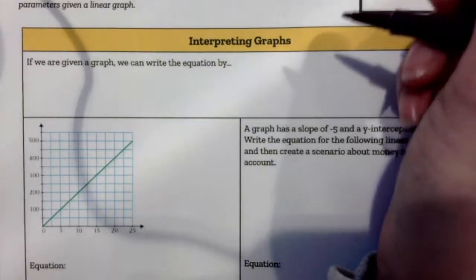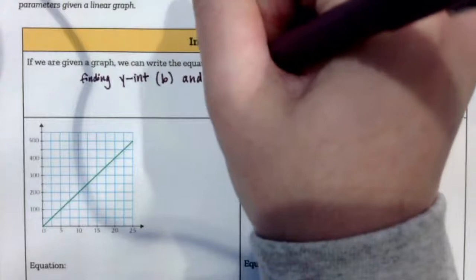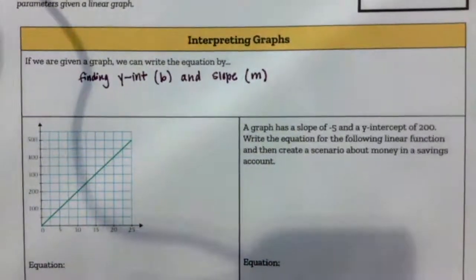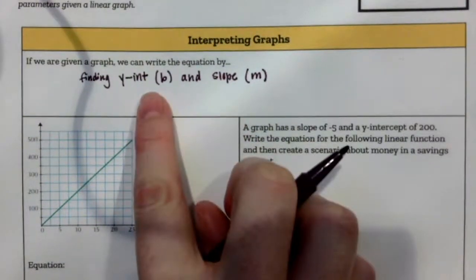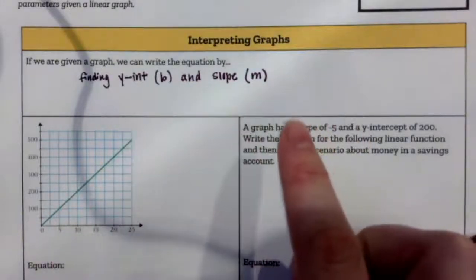So we need to find the y-intercept, which is b, and the slope, which is m. And so given the graph, you need to find your y-intercept from your graph and then your slope from your graph, and then you can use those to write the equation.